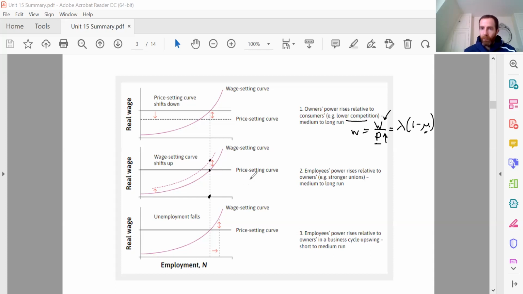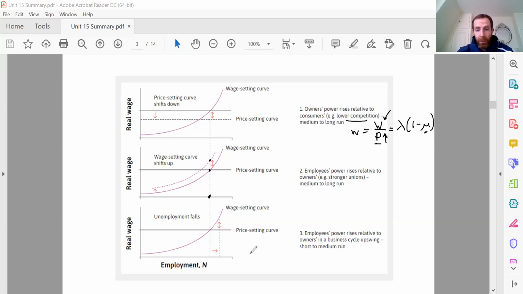And so what we'll see in more detail later on is if workers are demanding higher wages, firms are going to have to respond by increasing wages. But then what will the firms do after they've increased wages? They'll also have to increase their price to maintain the same markup that they had before. So increased wages leads to increased prices. So again, how we get inflation.